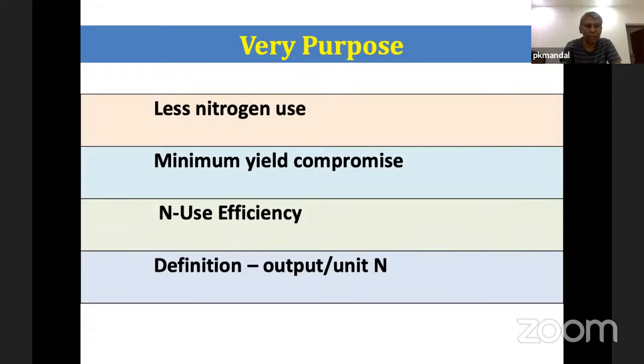So this is the purpose of doing this research, that we should be able to use a lesser amount of nitrogen, but then suppose we are not using anything, even then we'll get some yield.